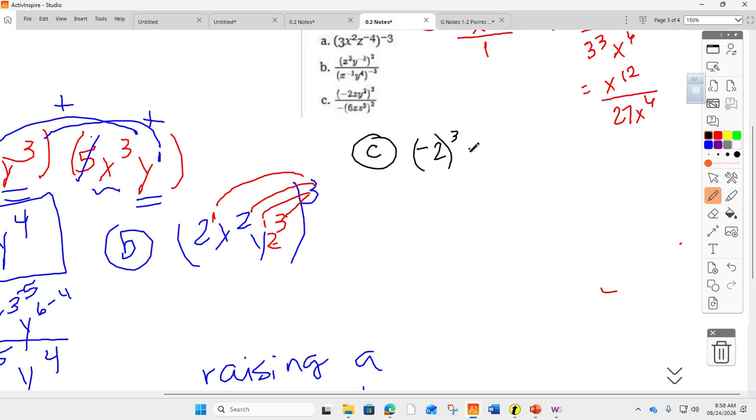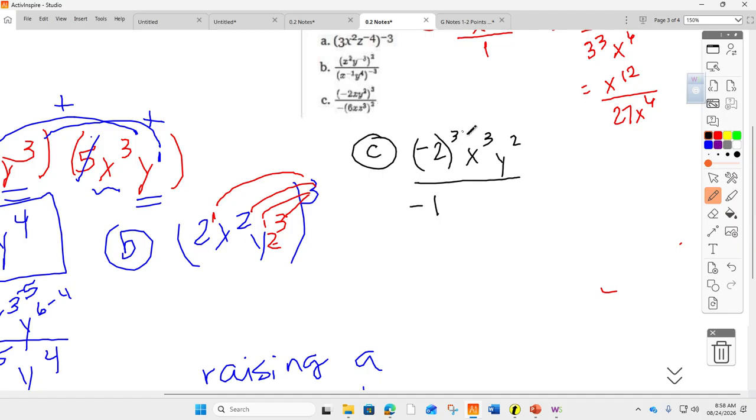X to the third power and y to the second power. Notice that this negative is outside. If you want to put a negative 1 down there, you can. Everything inside the grouping symbol gets raised to that exponent.